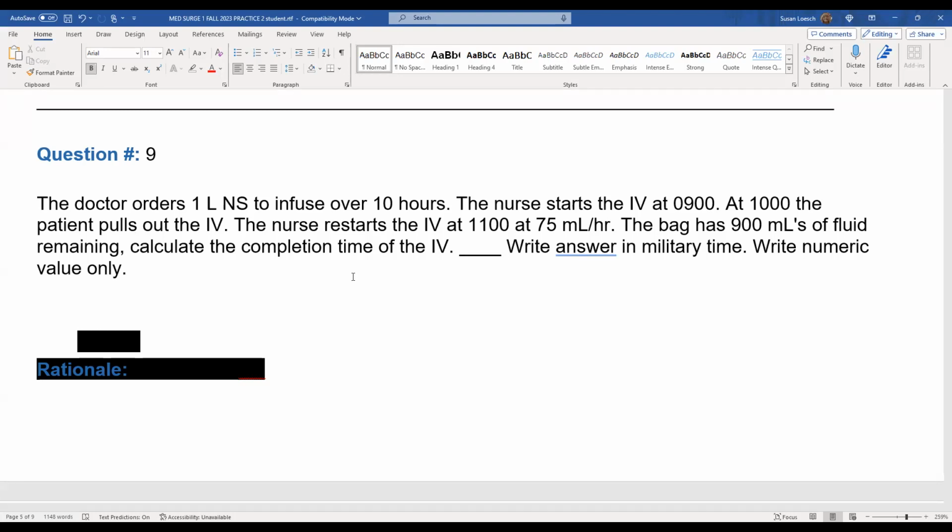Was it 12 hours? So it's asking you to calculate the completion time. Tell me what time in military time did the IV stop? So 2,300.